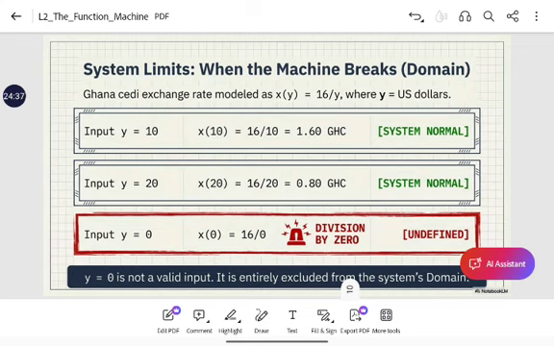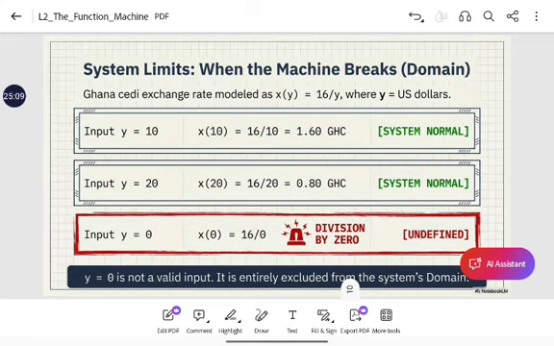x is the function, the Ghana cedis we are looking for, and y is the dollar value. So for example, when y is equal to 10, when we have $10, what will be the value in Ghana cedis?